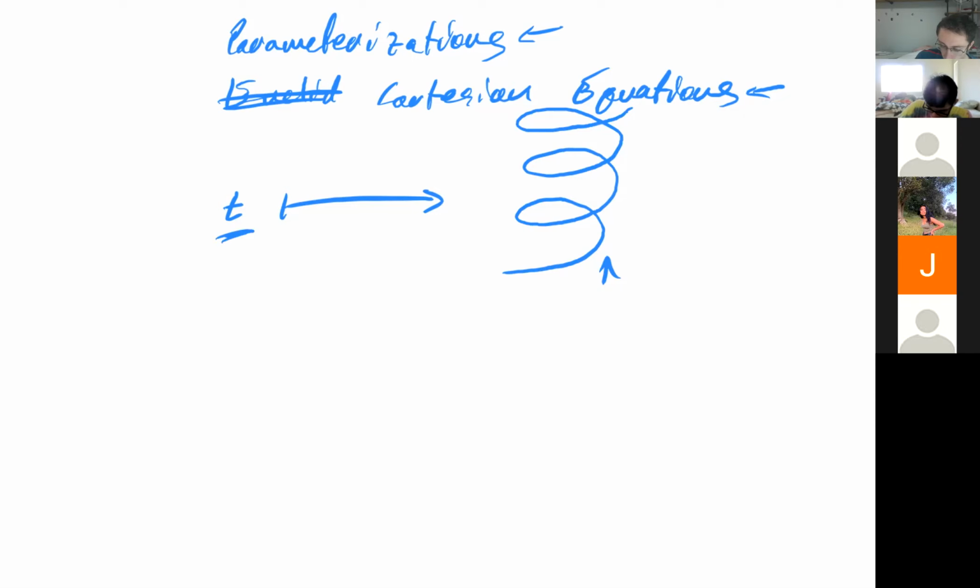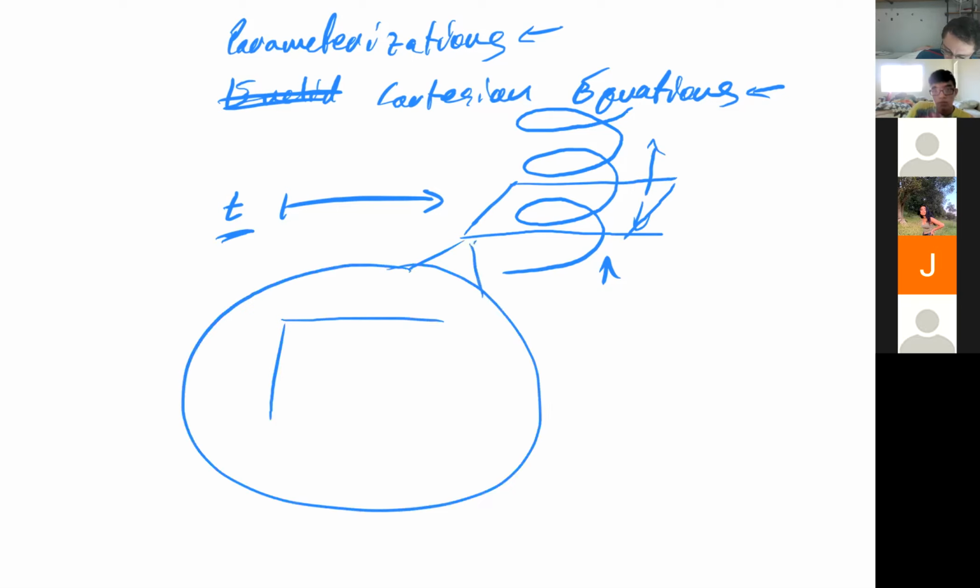And so the way that we would do that is, first, let's think about what this looks like in the x and y coordinates. So we draw a plane, and then imagine wiggling this plane up and down, okay? Then what would happen if we redraw this plane? So basically zoom out or zoom in, is as we move up and down, it's going to cut out a circle in this plane, right?